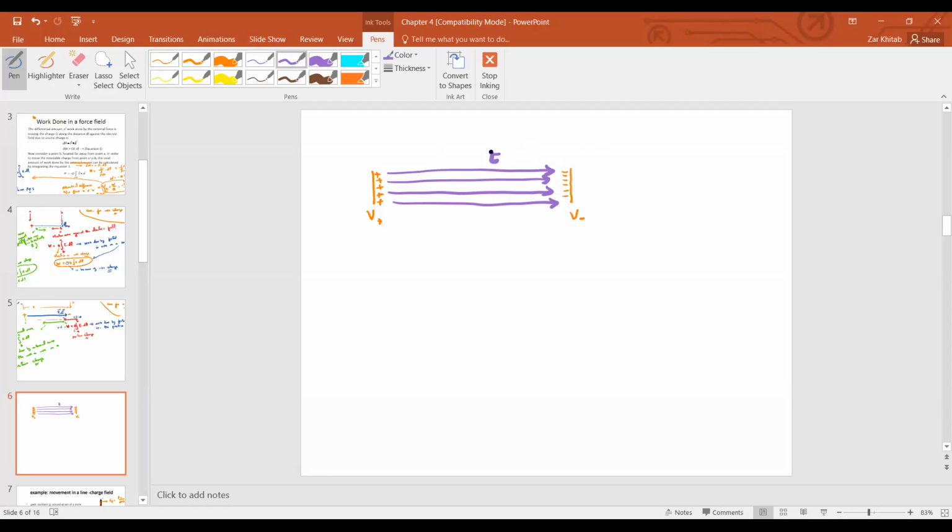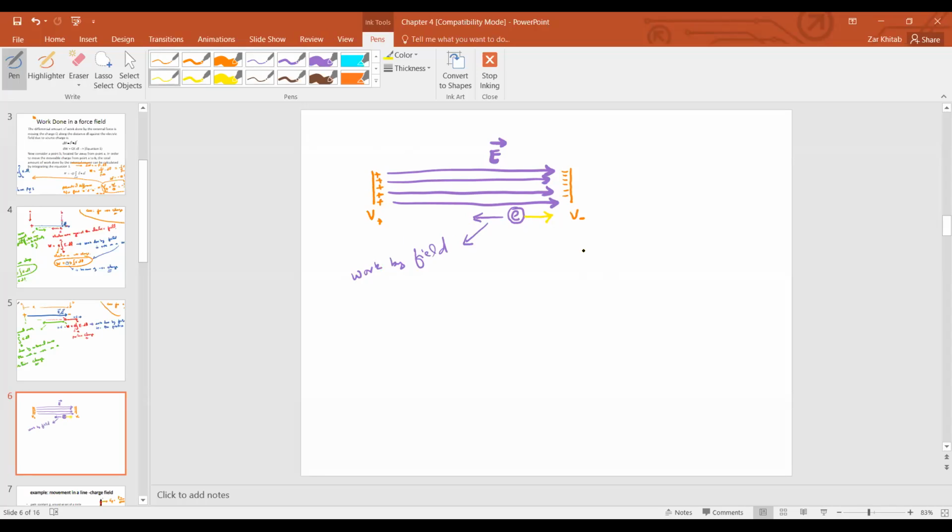The electric field is in this direction, right? Now the idea is whenever you move the electron in this direction, or in this other direction, just two different cases. If the electron moves in this direction, that will be the work by the field.